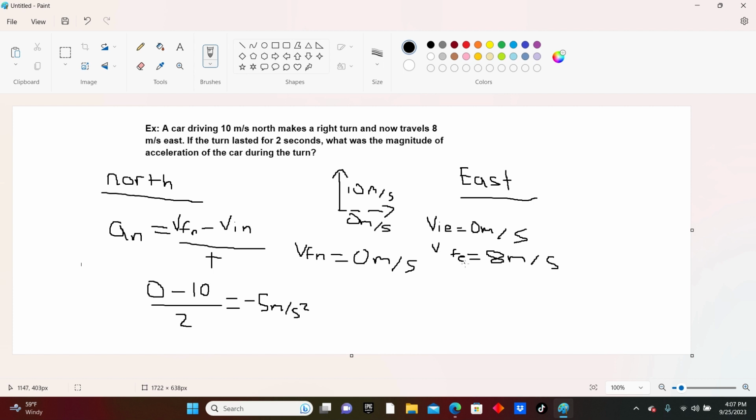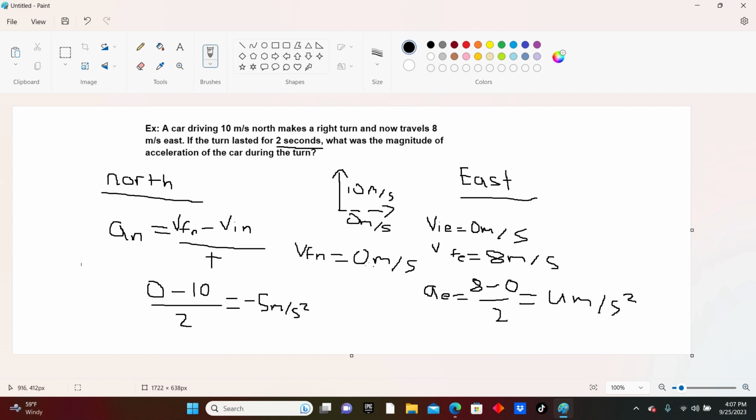Our time is the same, 2 seconds, right? So we can now plug this all in. So a in the east direction equals 8 minus 0 over 2, which is just equal to 4 meters per second squared.